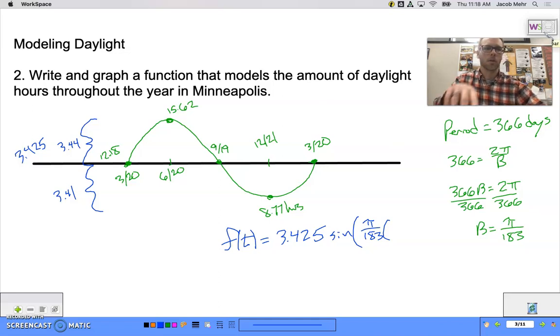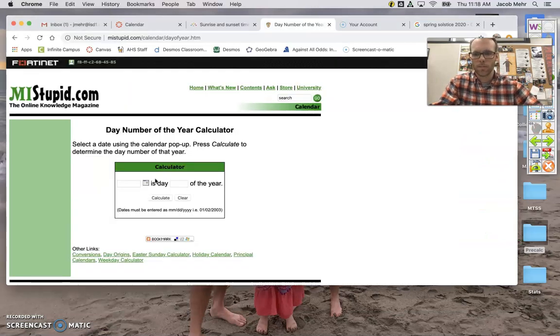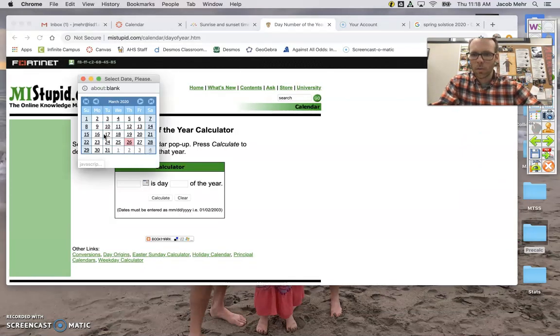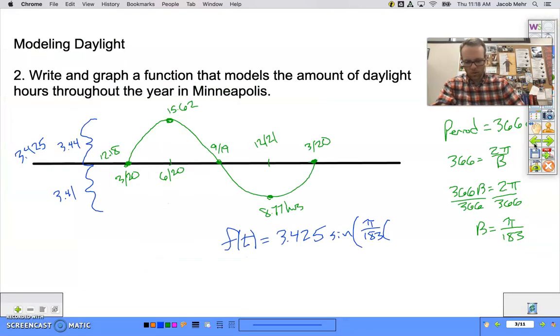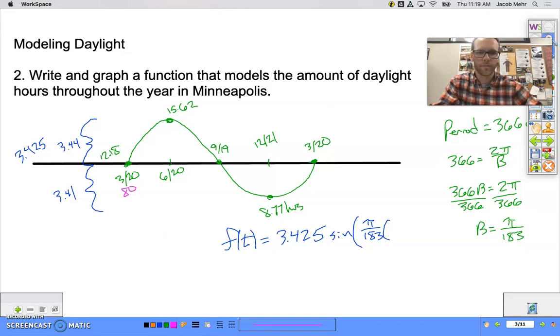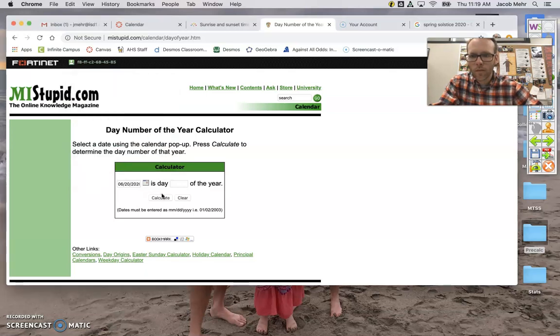March wouldn't be bad. But I found another website here that will give us the number of days of the year. So I can select March 20th, hit calculate, and that's day 80. So we're going to change this to day 80. June 20th is 172.